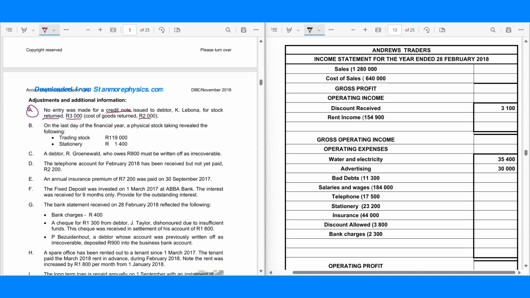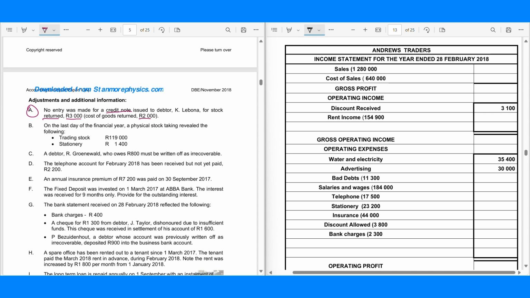A credit note is a document that is issued to a seller. Wait, issued to a seller or a customer? A seller. Who issued the debit note? Is it not the customer, sir?